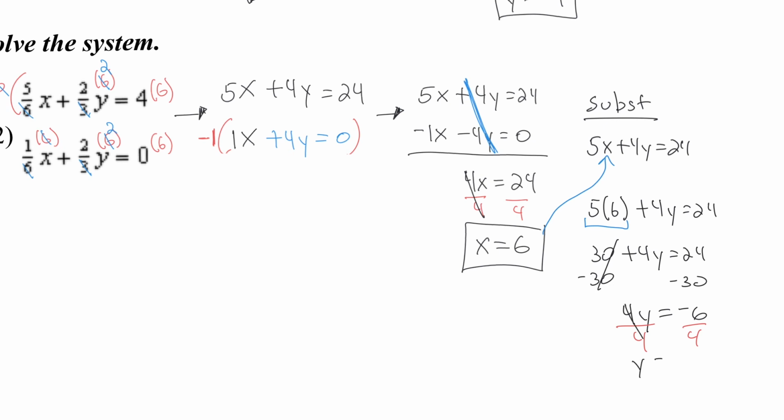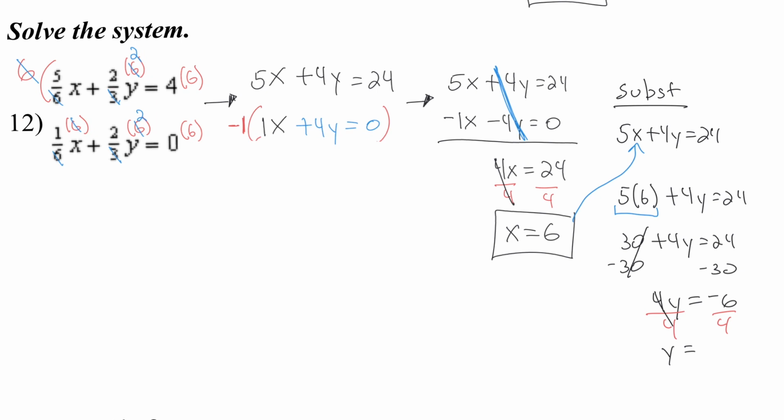So y equals, and you guys can simplify the fraction. After you guys simplify, we get negative 3 over 2. That is your answer.